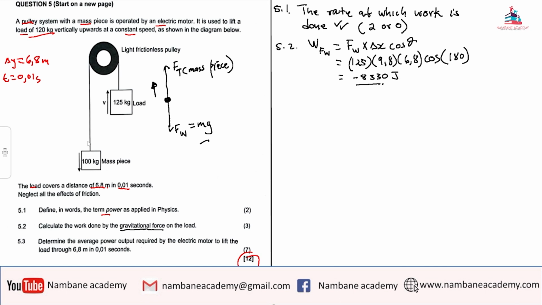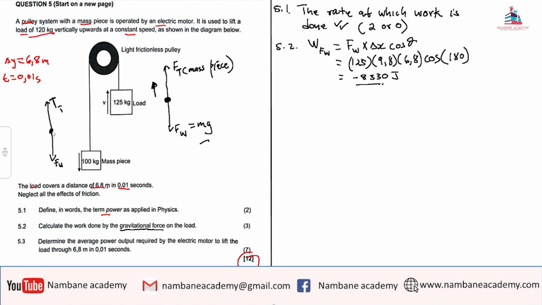Because even if I look into this mass piece, I will have Fw of the mass piece, and I will still have Ft also from this 125 kg block.